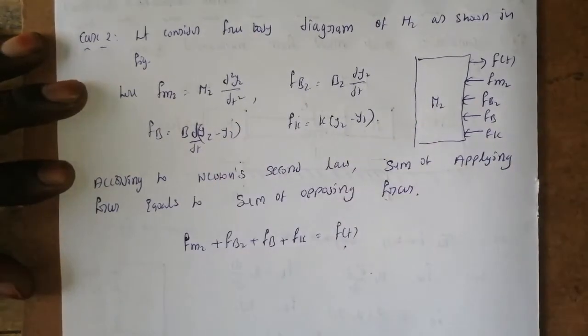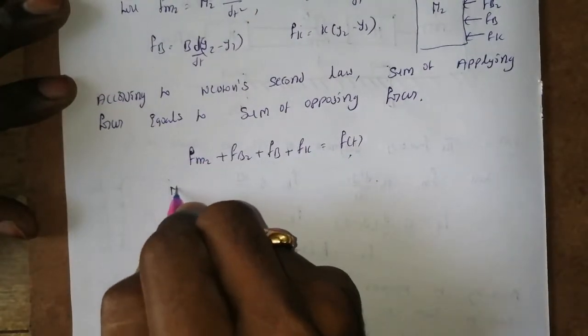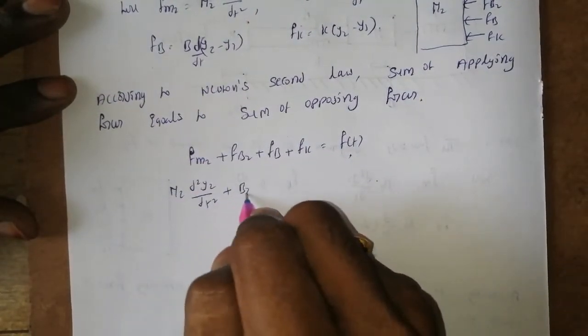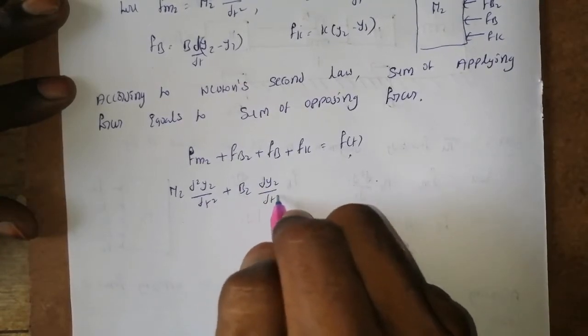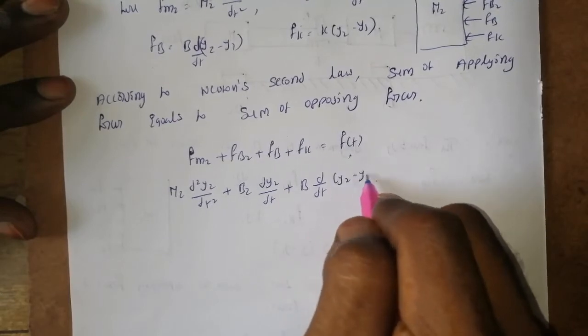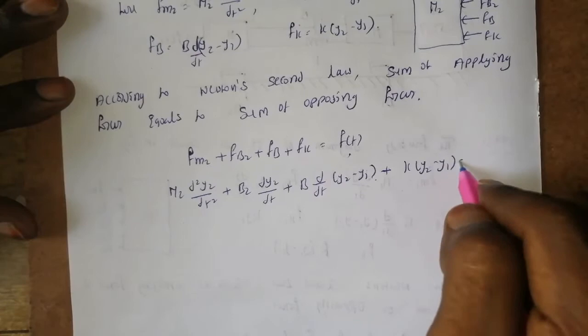If we substitute these elements in this equation, what we get is m2 d square y2 by dt square plus b2 dy2 by dt plus b d by dt of y2 minus y1 plus k times y2 minus y1 equals f of t.